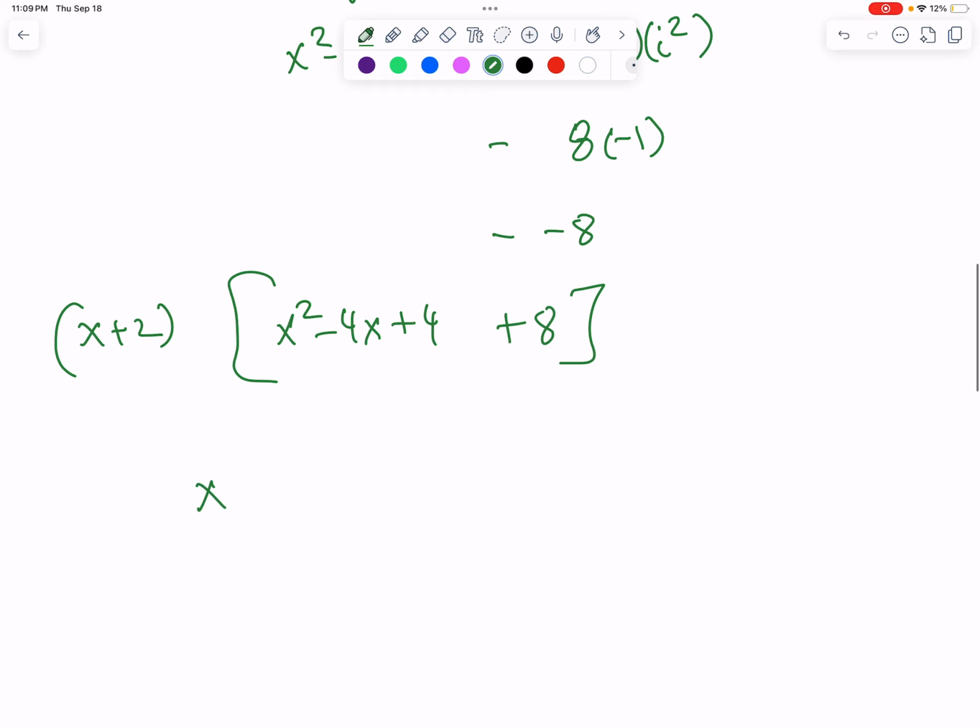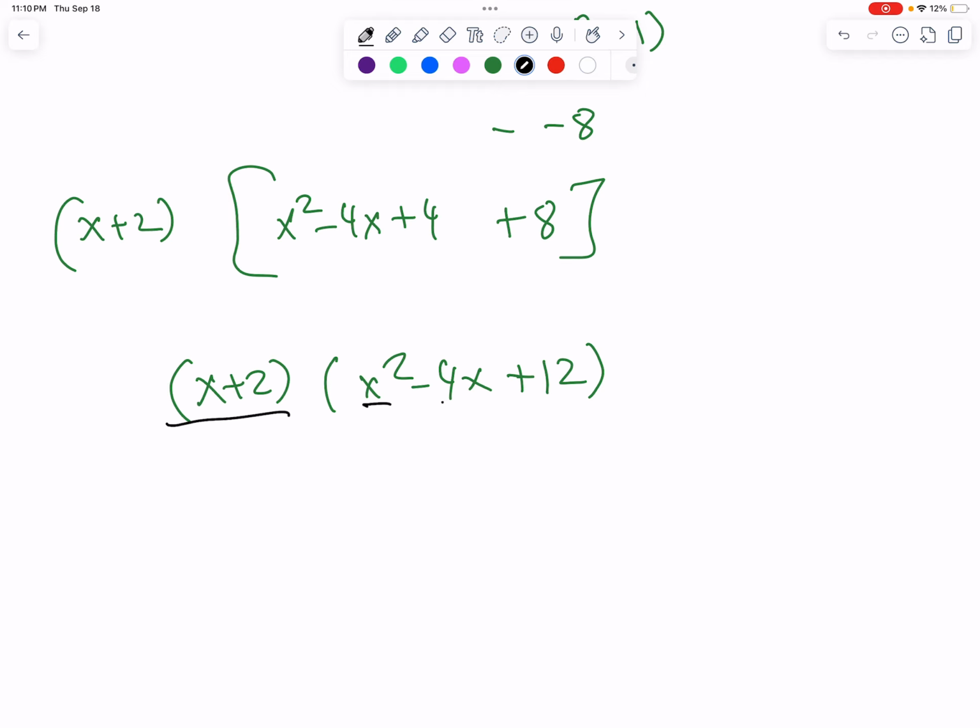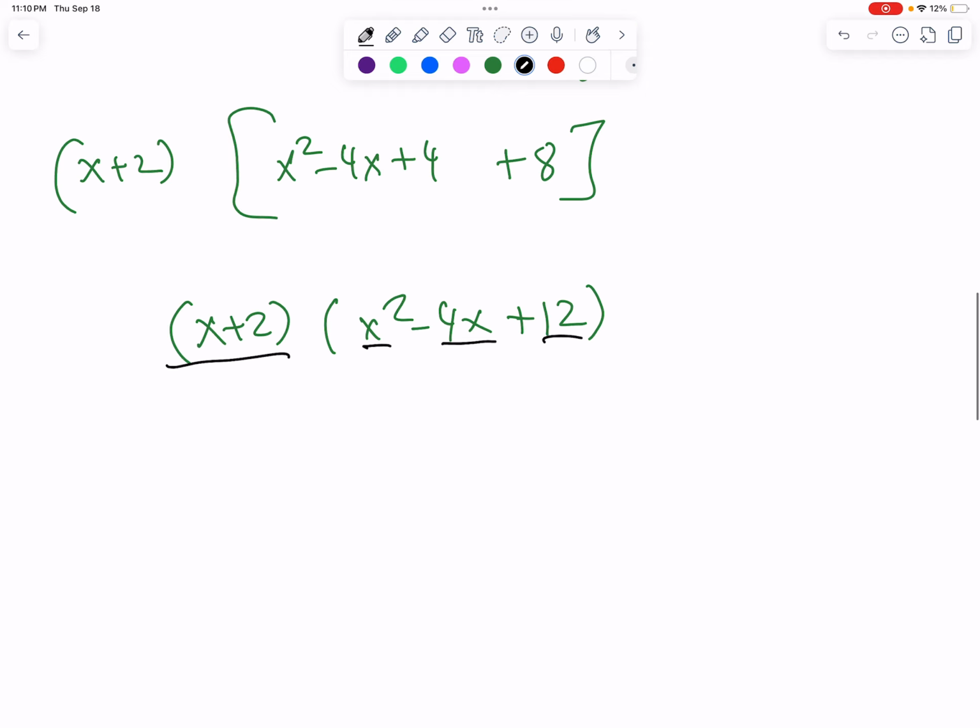We'll clean it up. x plus 2 times x squared minus 4x plus 12. Then you're going to multiply x plus 2 times each of these, or you can just FOIL it out, or use the box method.